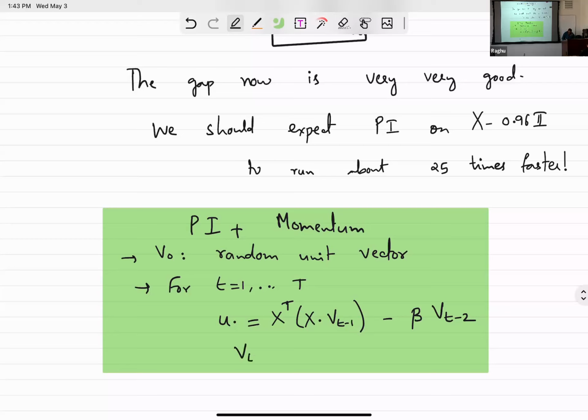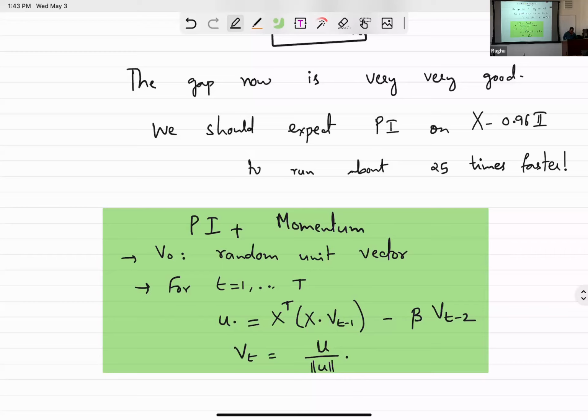So the algorithm looks vaguely like this. I'm not specifying what the beta should be and so on, but that's the rough idea. You don't take into account just the first update, but also take into account where you're coming from, and then do the update, and then you normalize. Okay.